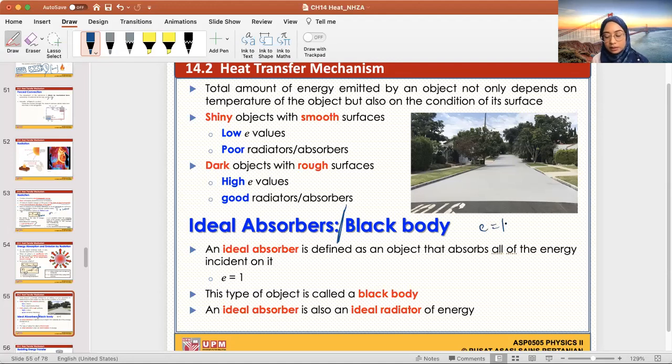Okay, when they say, so this object is an ideal absorber, what is the heat absorbed? The E is 1. What is the heat radiated? What is the net heat released by this object that is a perfect black body? E is 1. Dia tak kasih E lah. Kalau dia cakap ayat tu je, dia memang takkan kasih E. So you have to know that E is equal to 1.